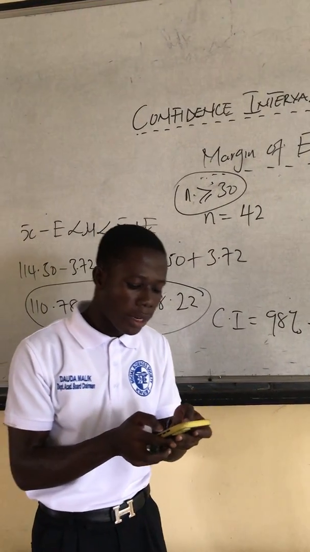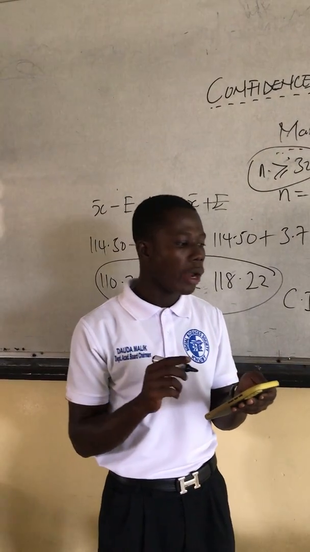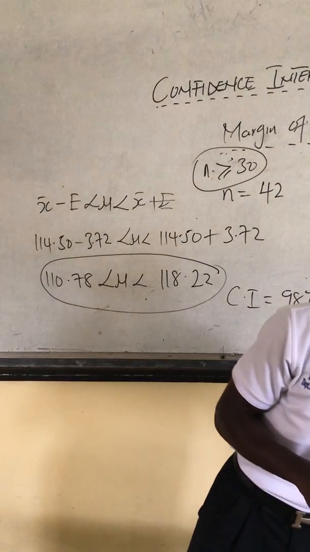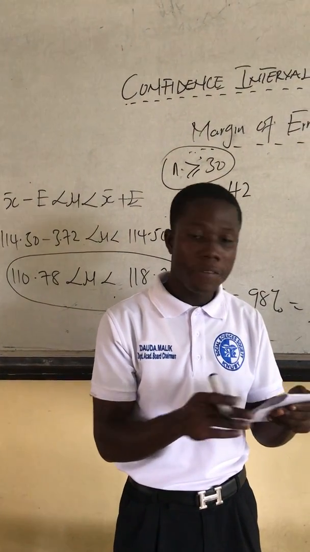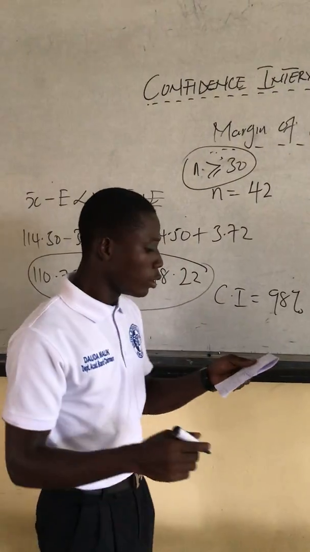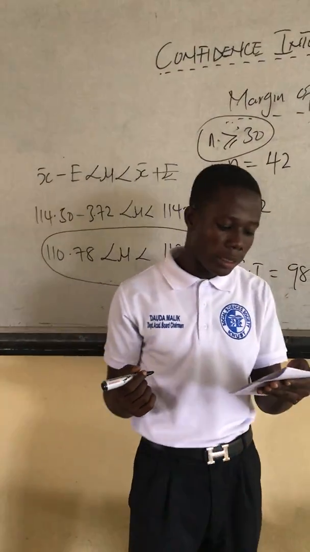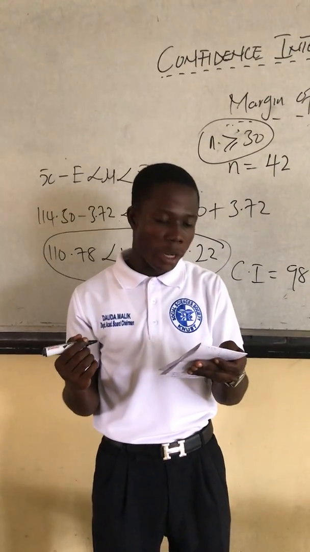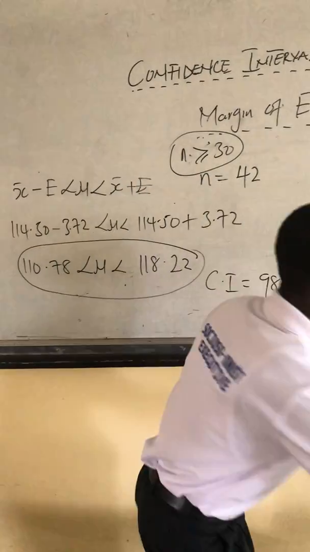With this example, we have a random sample of 50 students in a class, and the confidence level is 95.